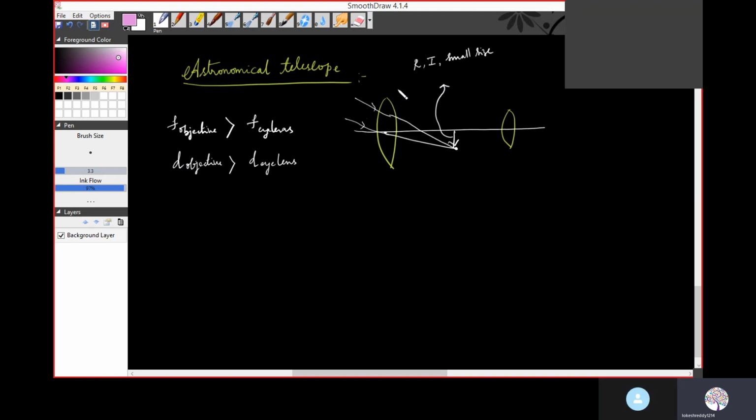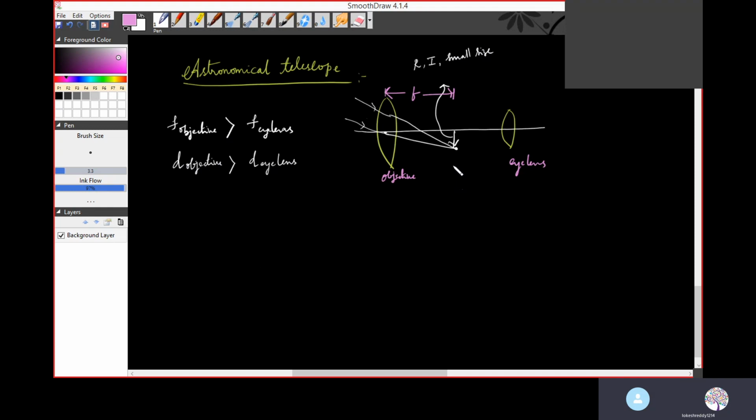At focus, you will get a diminished image. This is the focal length of the objective, and this is the eye lens. So if you place an object at infinity, then the image is formed at focus. That is the focus over there.